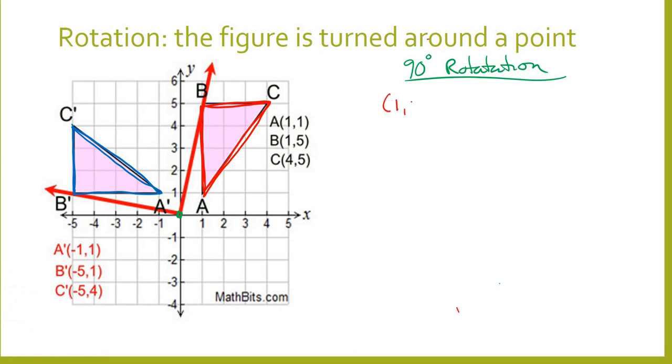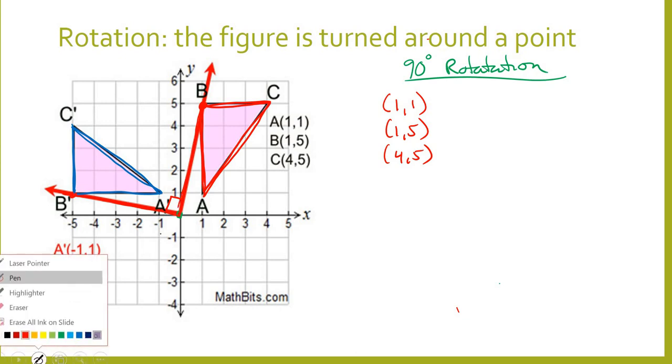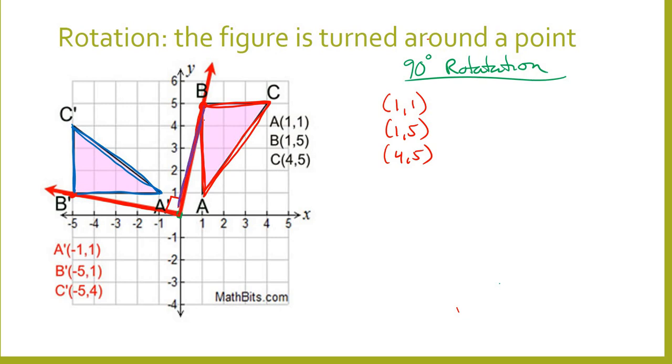Okay, so our pre-image was (1, 1), (1, 5), and (4, 5). And let's take a look at point B, so we can see exactly what they're doing. You don't have to draw these red lines on your graph, but it's showing you that if I take point B down to the origin and do a 90-degree angle and bring it back out the same distance, these two lines, from here to here and here to here, are the same distance, and we have a 90-degree change.